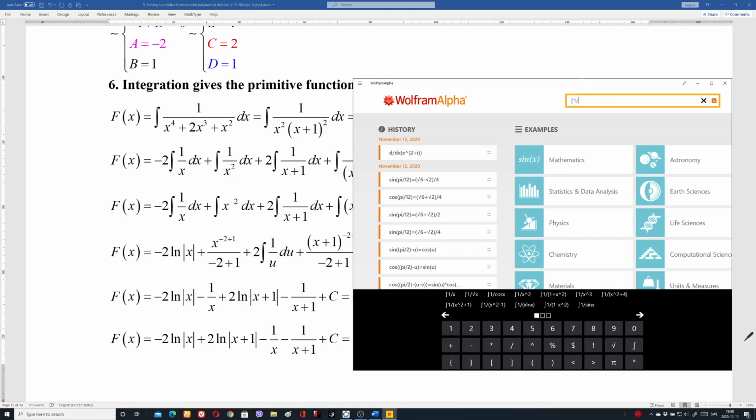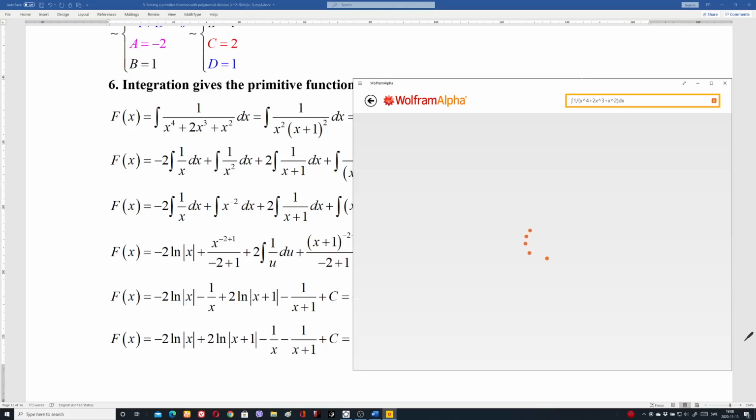1 divided by x power 4 plus 2x power 3 plus x power 2, dx. Let me see what Wolfram is saying now.